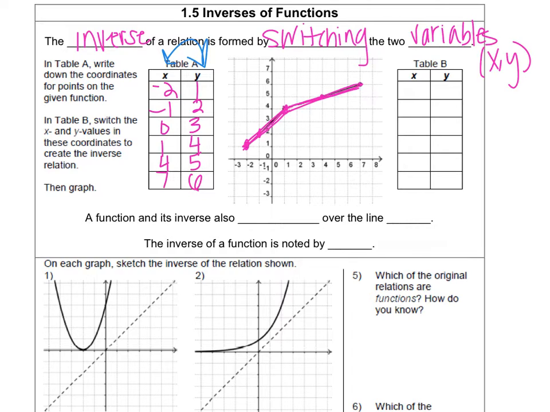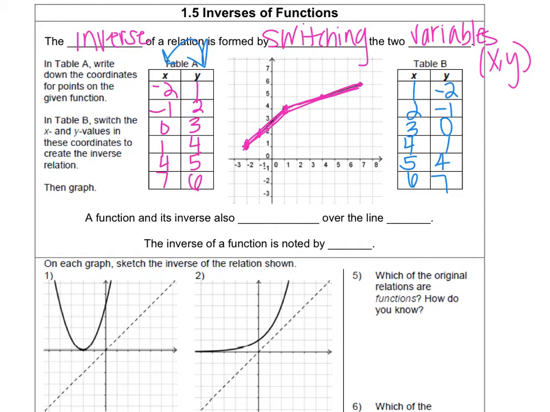So -2, 1 becomes 1, -2. And then the next coordinates would become 2, -1, 3, 0, 4, 1, 5, 4, and 6, 7.